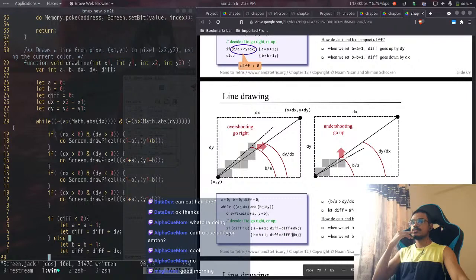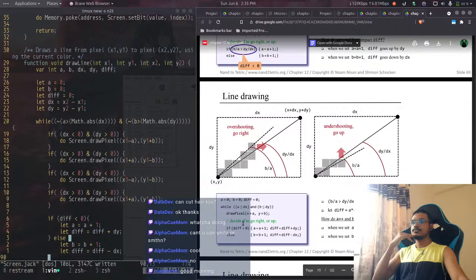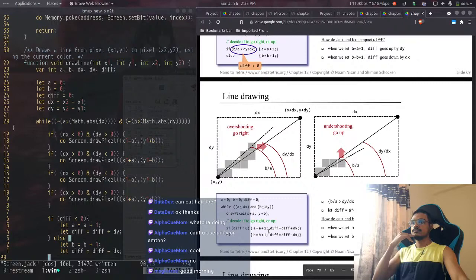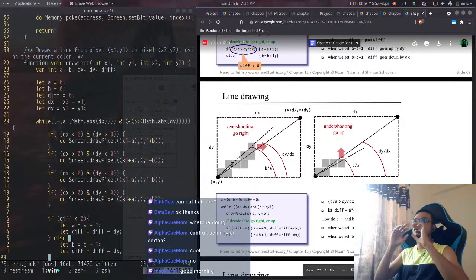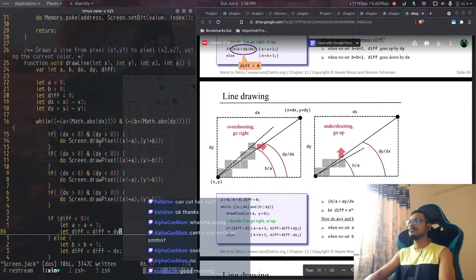Difference is equal to difference minus dx. What's that? See, what are the possibilities? Let me write in comment.